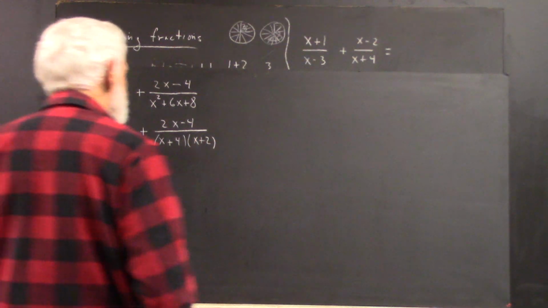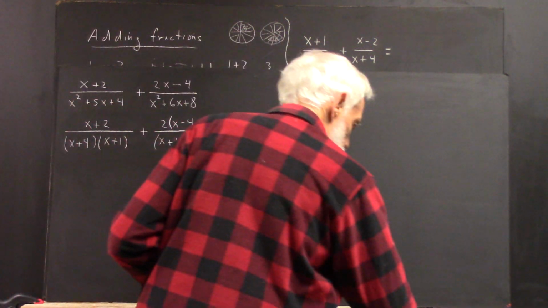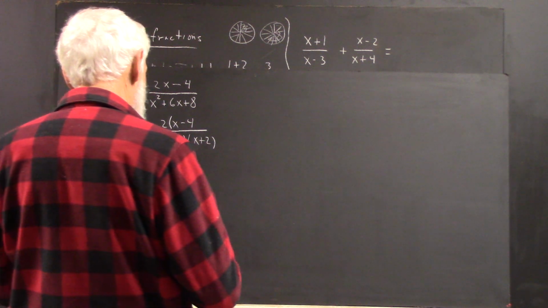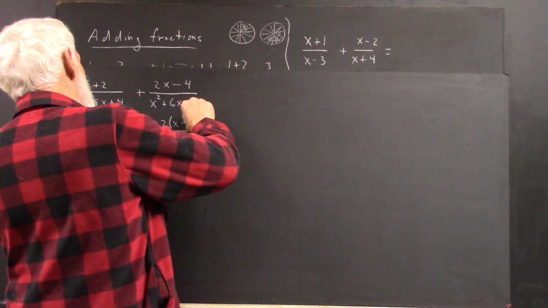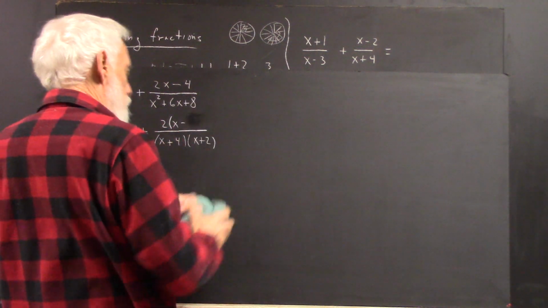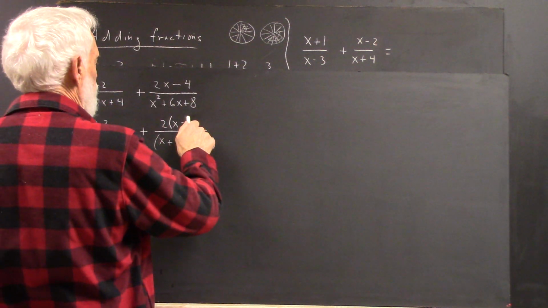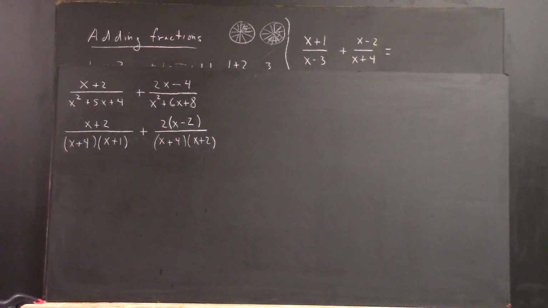And in keeping with the idea that everything should be expressed in completely factored form, I noticed when I was writing this down in the numerator that this clearly factors. Wasn't really thinking about that, but we're going to do that.